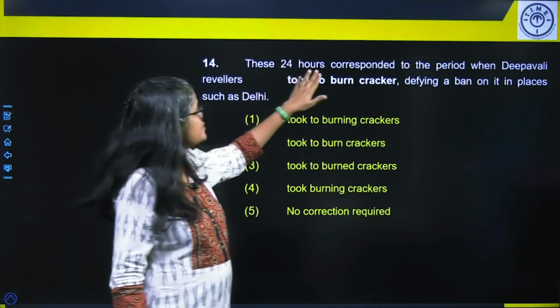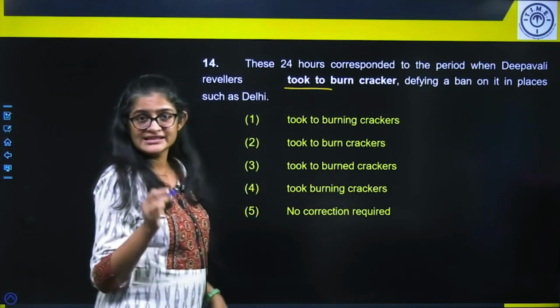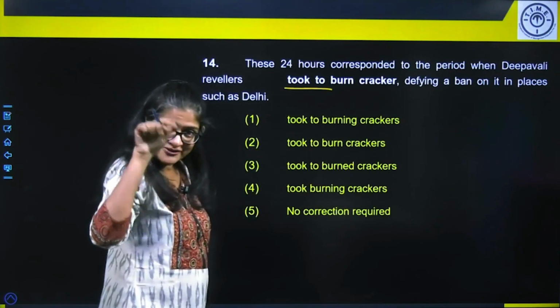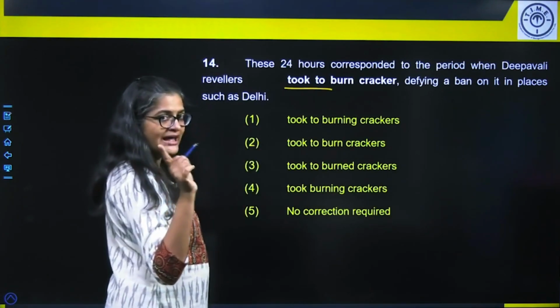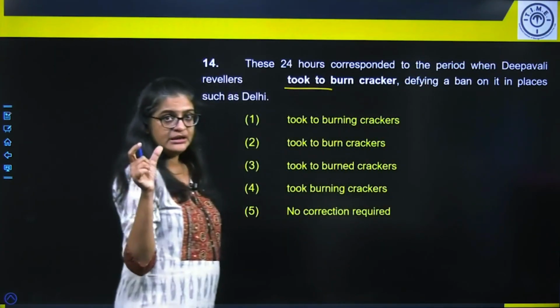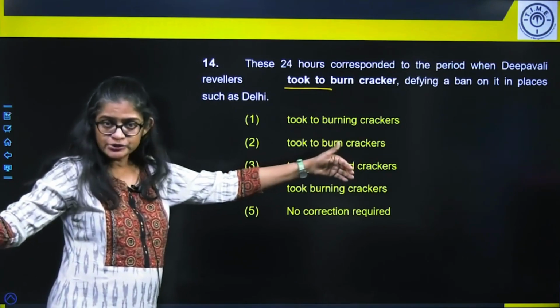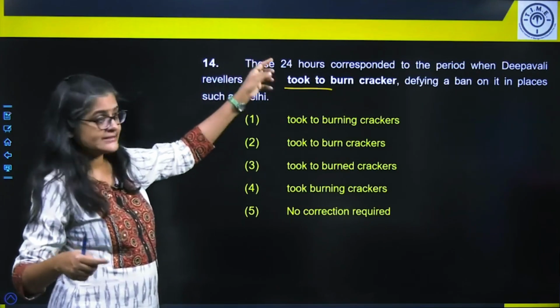No. This "took to" doesn't mean they took 24 hours to burn the crackers. This is another "took to". I'll explain. These 24 hours corresponded to the period when. So, during that period, it is not that they took 24 hours.